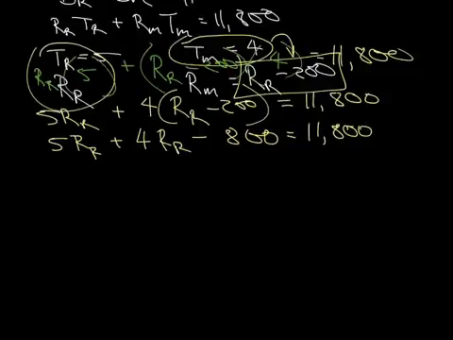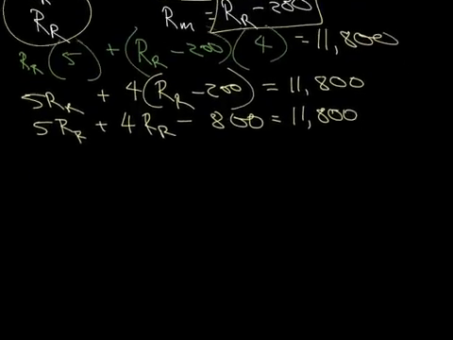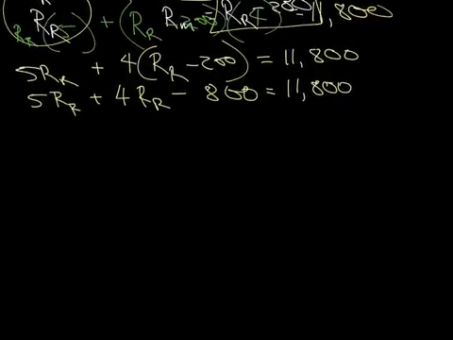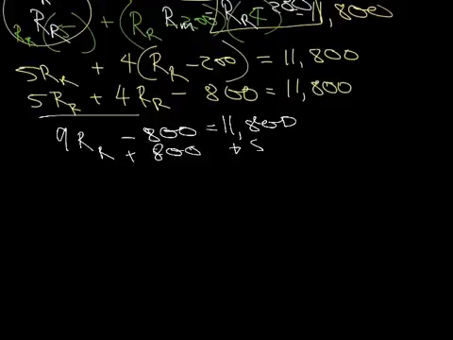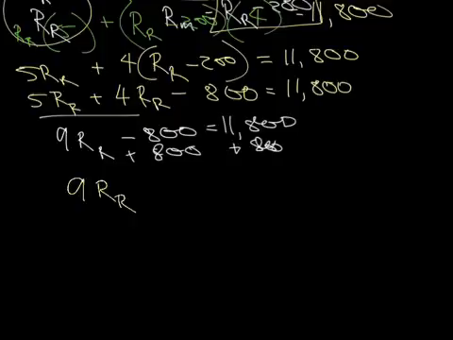Okay, so let's slide all this up so it's out of my way. And that bottom thing there in yellow, we'll do with white now. We're going to add these together: 9R. We're going to add 800 to both sides, and we get 9 times the rate of Rocket Man equals 12,600.